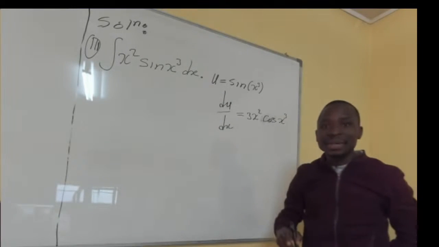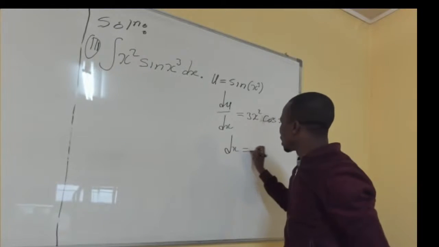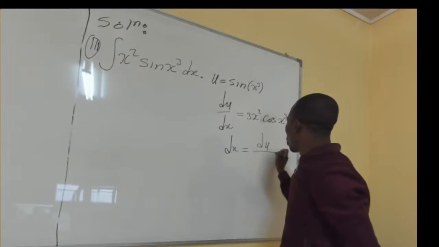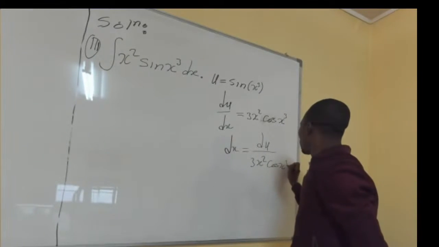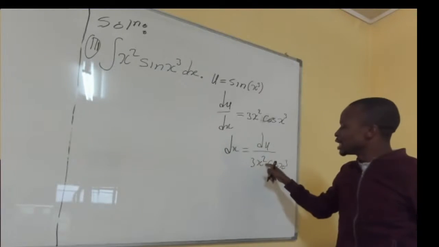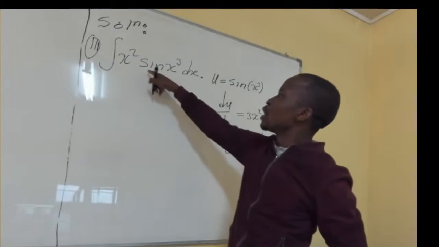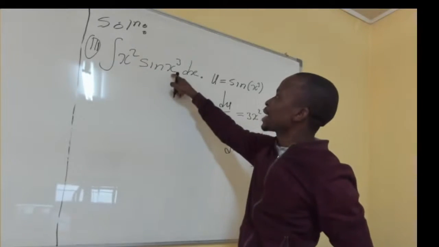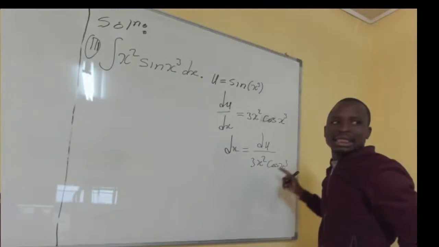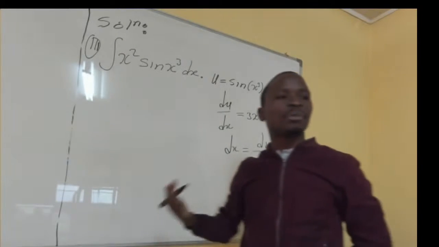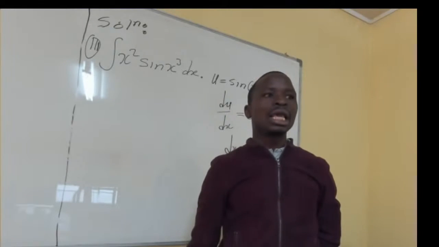Then dx is equal to du over 3x squared times the cosine of x power 3. Yes, this will cancel. But now you have sine x power 3 over cos x power 3, which will give you tan x power 3.